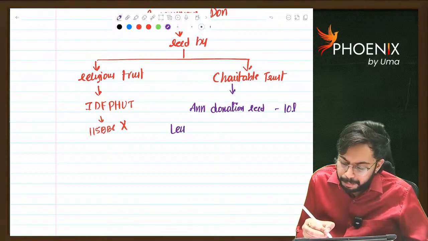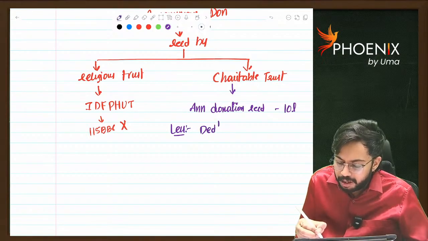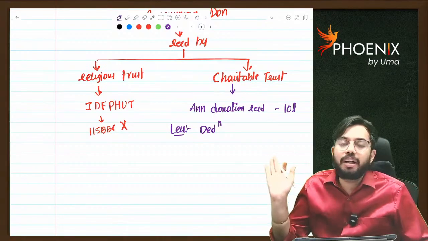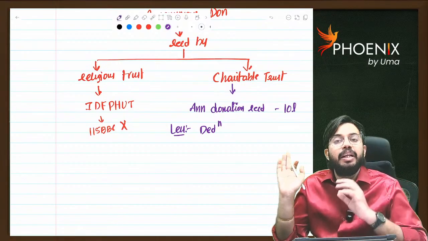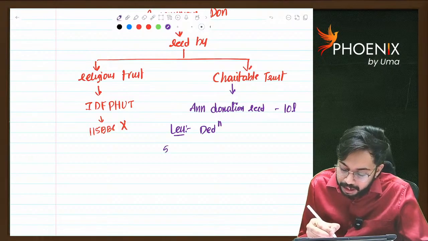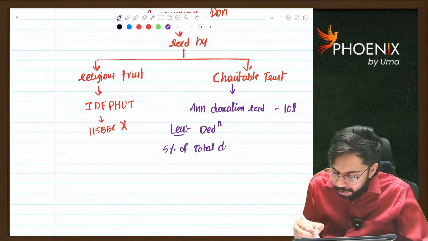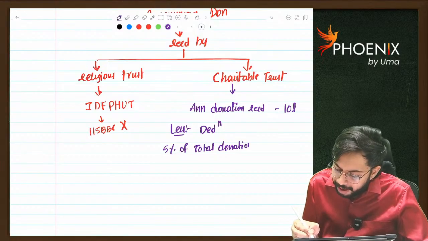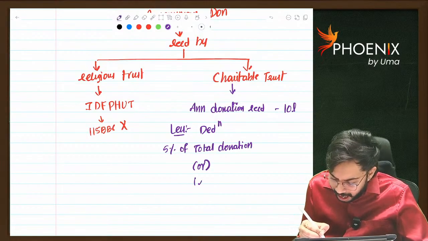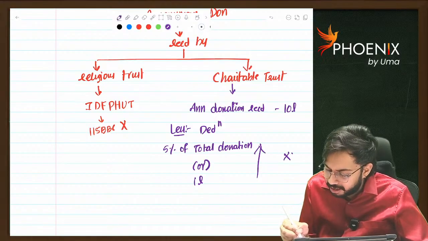From this 10 lakh rupees, deduction is allowed. See, total 10 lakh rupees is not taxable under section 115 BBC. How much is deduction? 5% of total donation or 1 lakh, whichever is higher. That will be allowed as deduction.